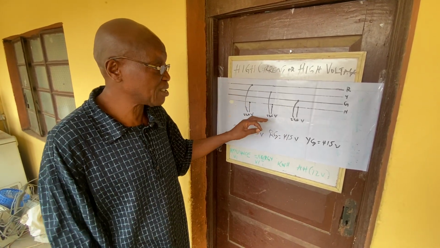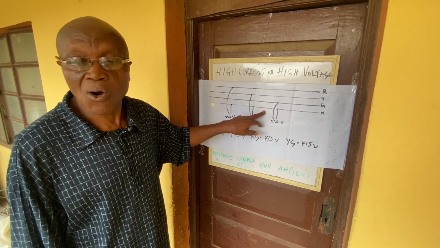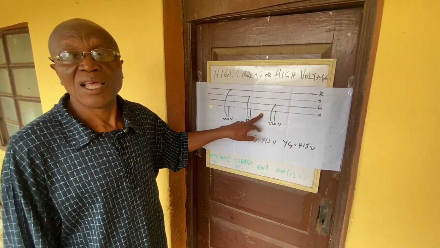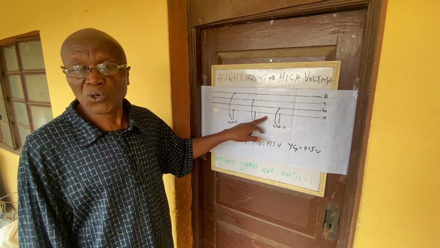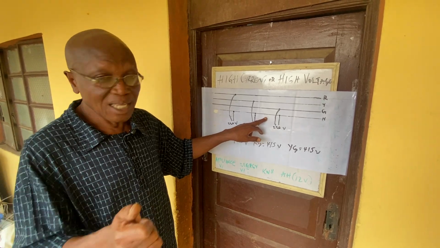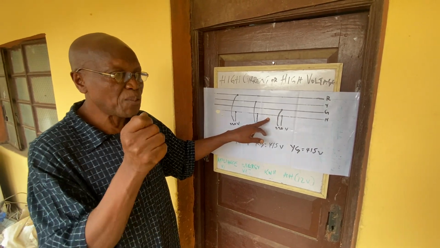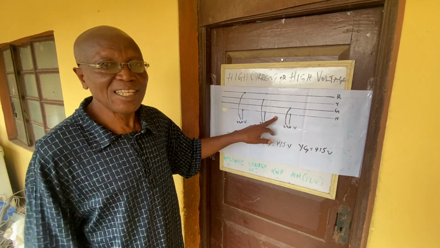So what you observe is there is current on this neutral line. And those that have practical experience, when you have a tester and use it to test the socket, you discover that both the neutral and the live are showing light.